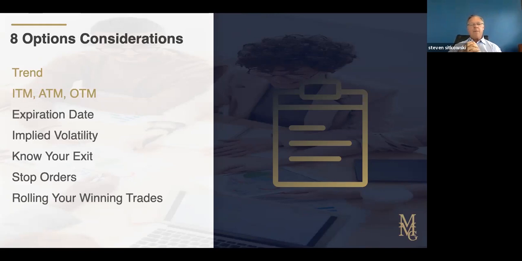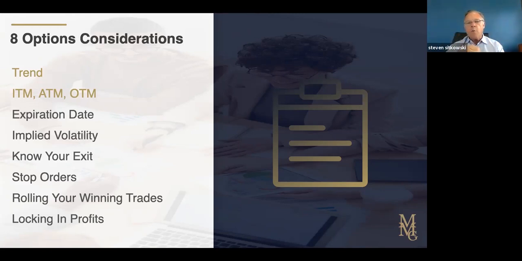You also have the opportunity to be able to roll your winners. So let's say that I buy an option and I purchase it for $10 a share and the value goes to $20 a share. I could sell that option and then reinvest in something again for say $10 a share, thereby locking in my profits.